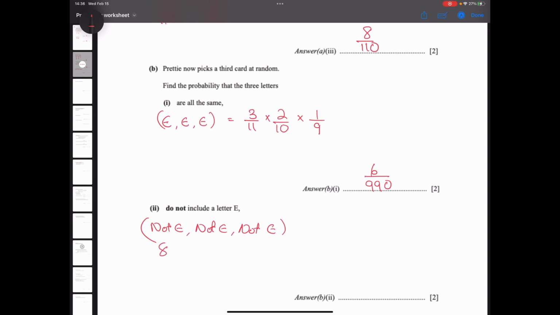So not an E is 8 out of 11 times 7 out of 10 times 6 out of 9. The denominator is 990, and 8 times 7 times 6 is 336.